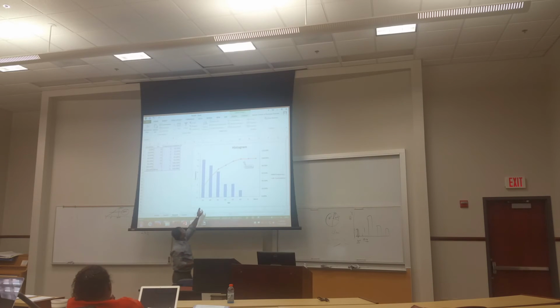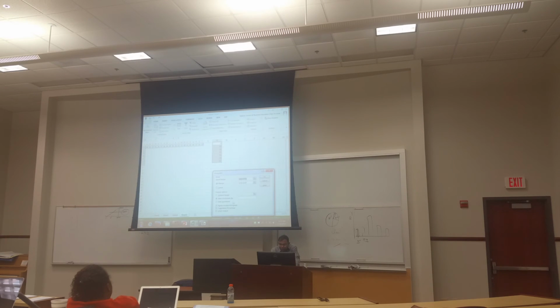So 20% of the data comes from the first one. All right? And it gives you the total cumulative percentages that each one adds to the next, each pillar. This pillar adds 20%. The next one adds a little bit less, or whatever. And then it gives you 100% of the total. So it's a little bit easier to see the ogive in a normal histogram than in a Pareto diagram.